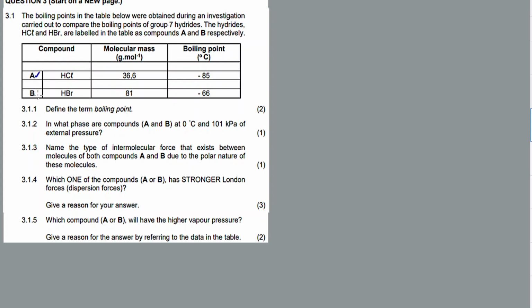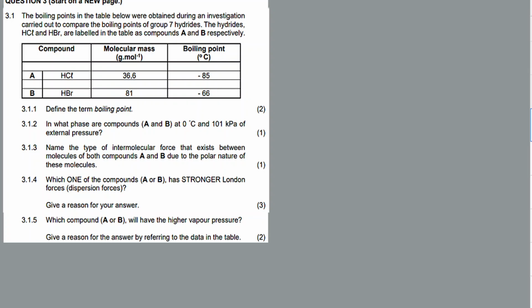Between A and B, which of the two has the highest boiling point? Is it A or B? Of course it's B. You know why? Because negative 66 is bigger than negative 85, so it means that B has a higher boiling point.